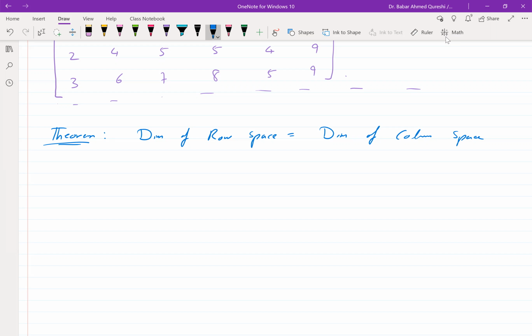But suppose these 3 rows themselves are not linearly independent, and the dimension of this subspace is 2, then you are automatically guaranteed that the column space will also have dimension 2. When you generate it, you won't have 3, you will have only 2, and so on.